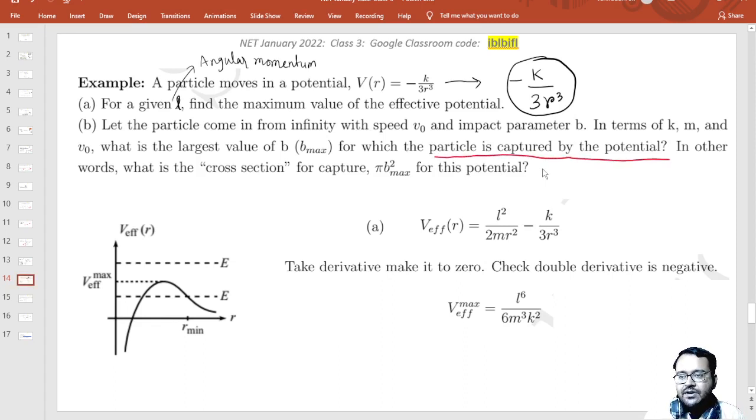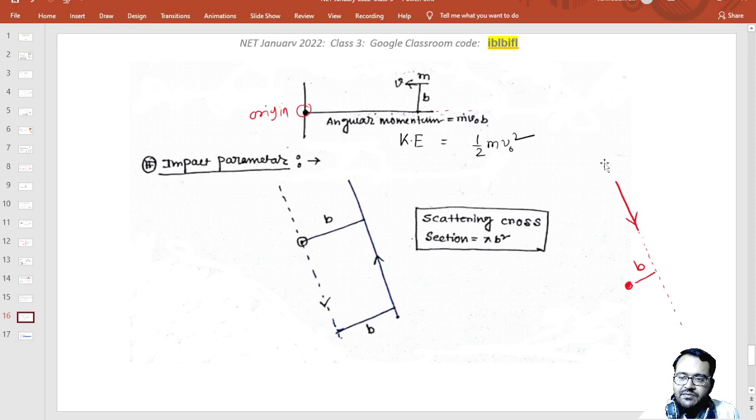That is very important in our daily life. See, some meteoroid is coming from a large distance, then it will be captured by our central potential, meaning it may hit, it may come to the origin. If it's not captured, then it comes and goes away, maybe this side, maybe that side.